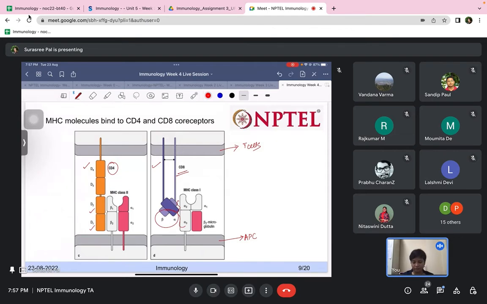So in case of CD4, only the D1 and D2 regions are responsible for interaction with MHC class 2, whereas in case of CD8, both the alpha and beta chains are responsible for interaction with the MHC class 1 molecule.